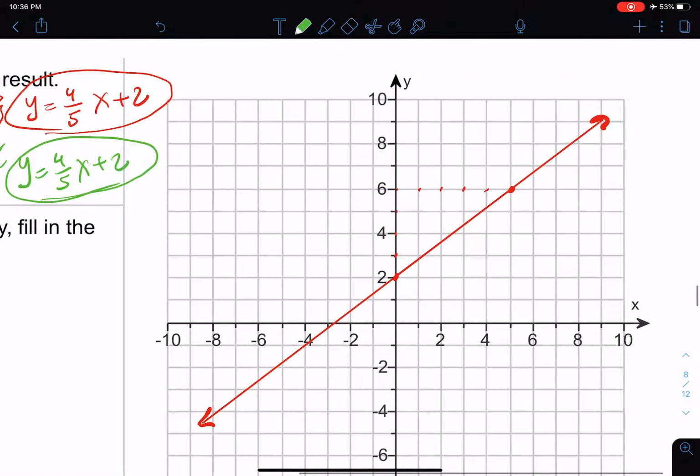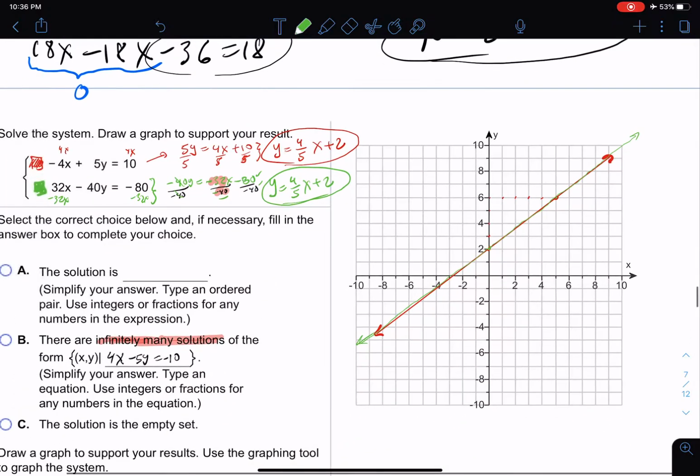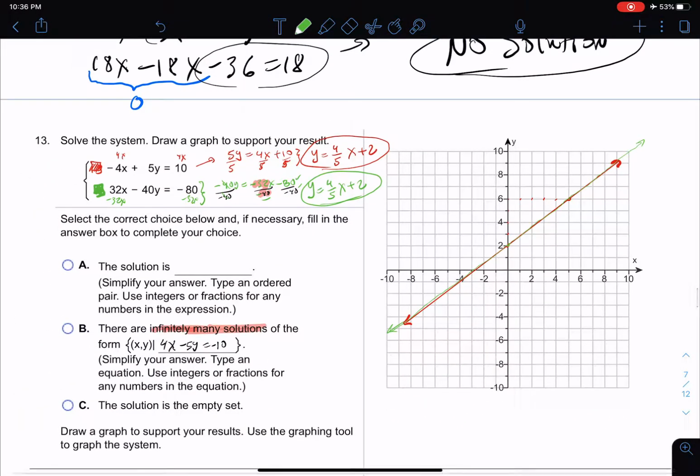So if I go to my same point 2 and I go up 4 and over 5, I end up getting the same point. So it turns out that when I graph it, it's just the same line, which means, remember, what solves a system of equations? It's the points that lie on both lines. Well, there are infinitely many points lying on both those lines.